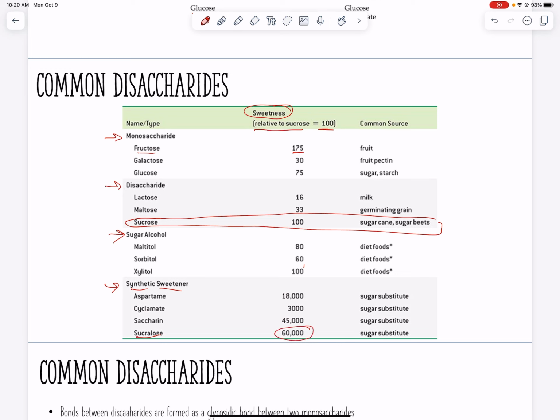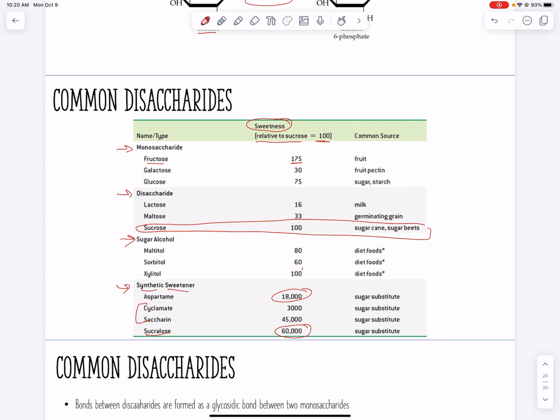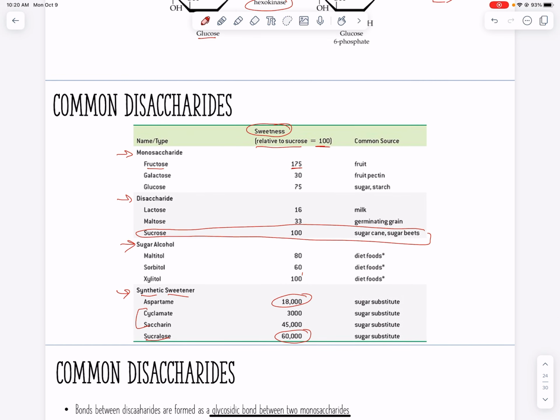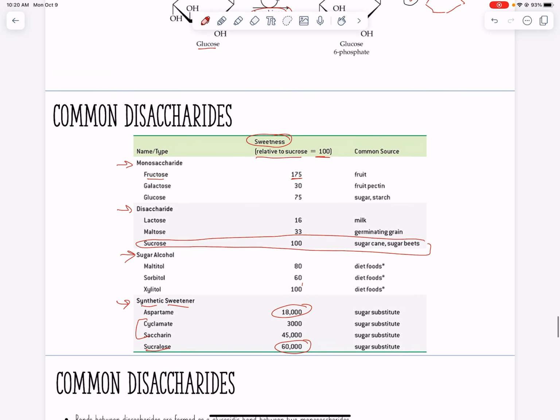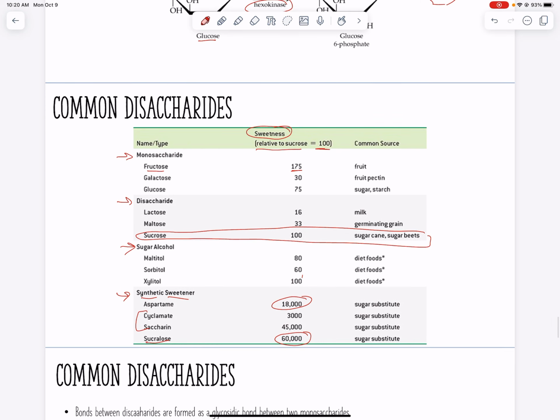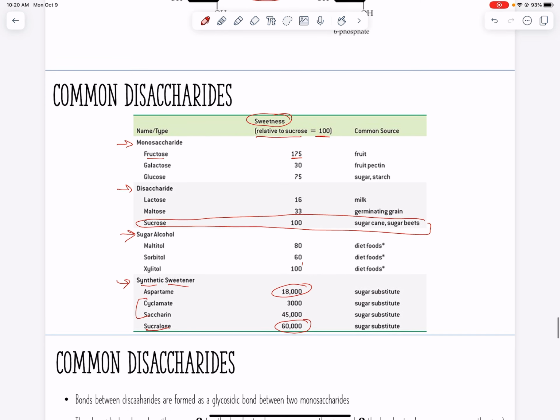It's 60,000 times sweeter than sucrose, which is why you only need a drop of it in a regular size water bottle. These are wild. I see these two a little less, but aspartame and sucralose are pretty well known. Their sweetness level is insanely high compared to our natural fructose, galactose, glucose, things like that. Lactose is milk sugar, not very sweet at all. Anyways, I always like to point those out because it's pretty astounding.